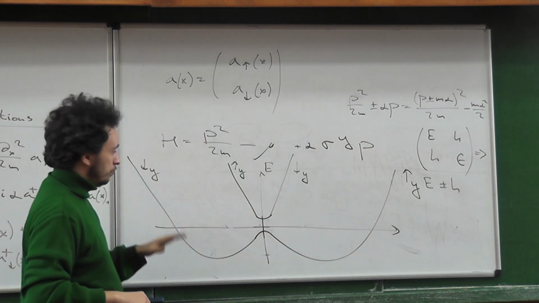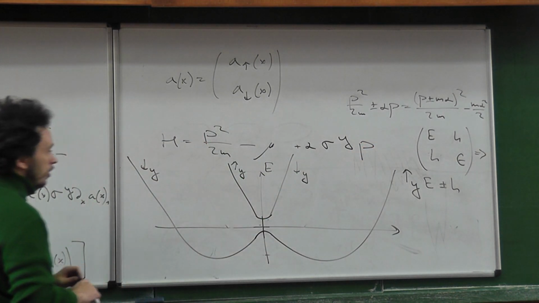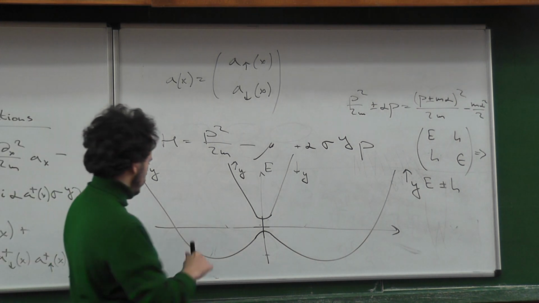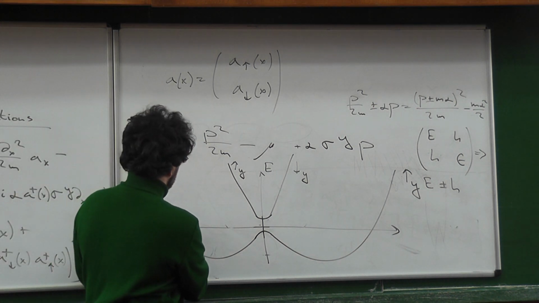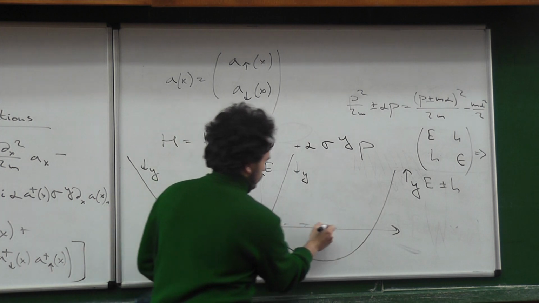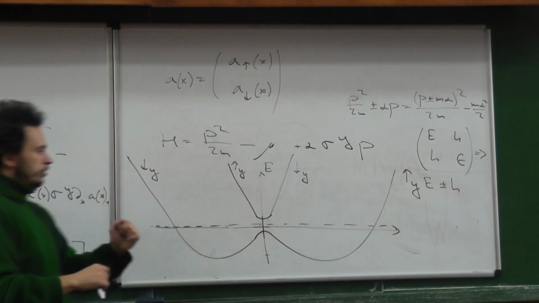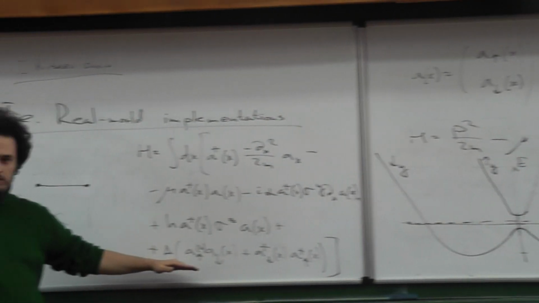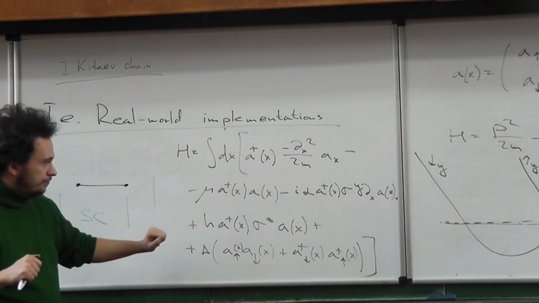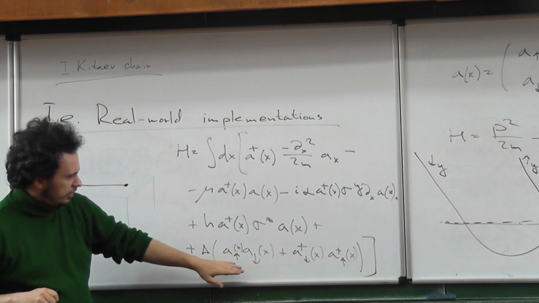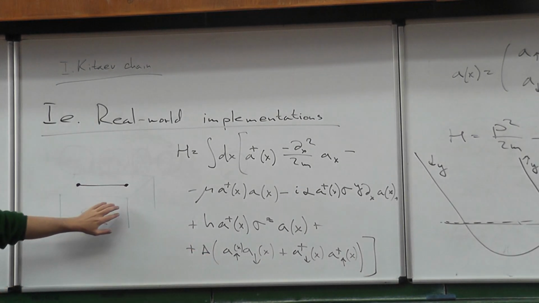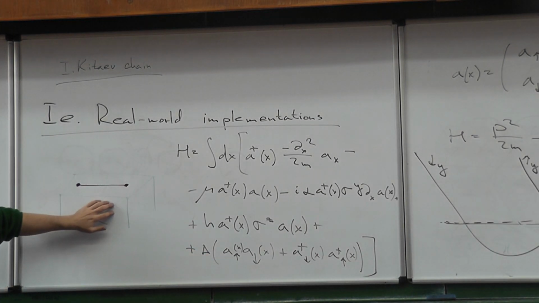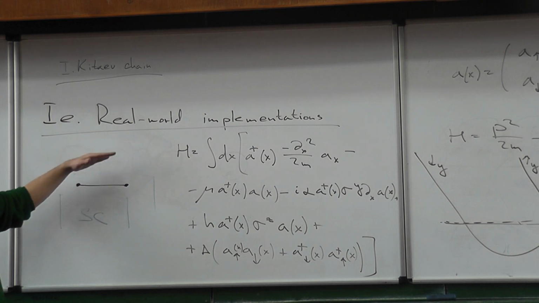But for us, what's important now is that if we tune the chemical potential to be somewhere in this region, the only term we have unaccounted for is superconductivity. And you see, we had conventional superconductivity because of the conventional superconductor that proximitizes our nanowire.